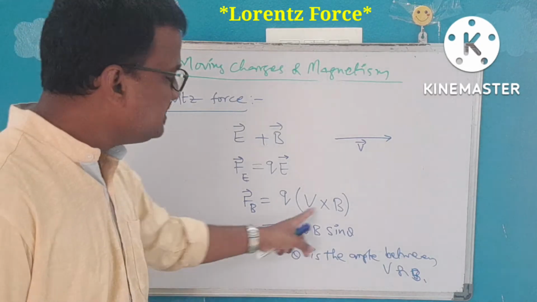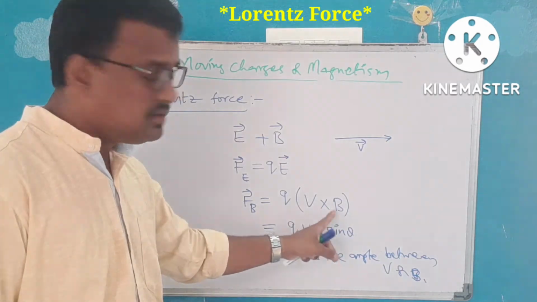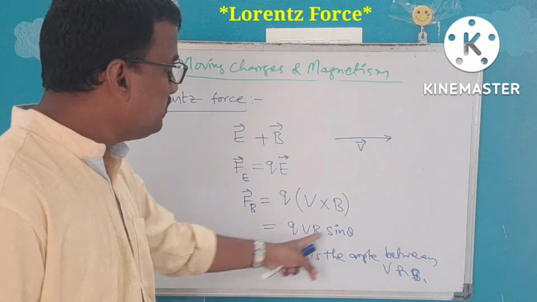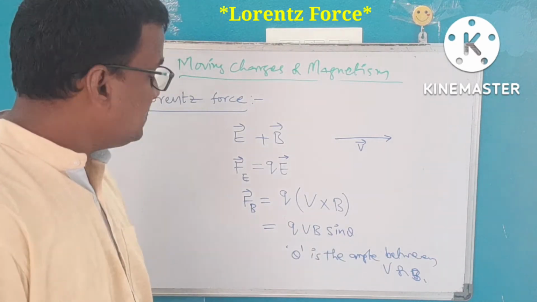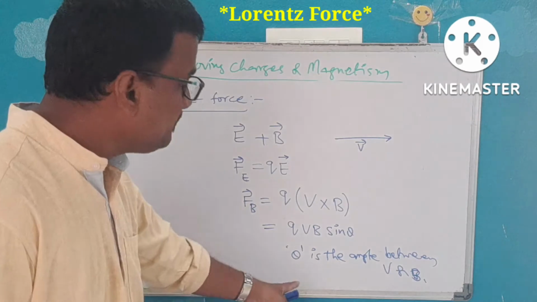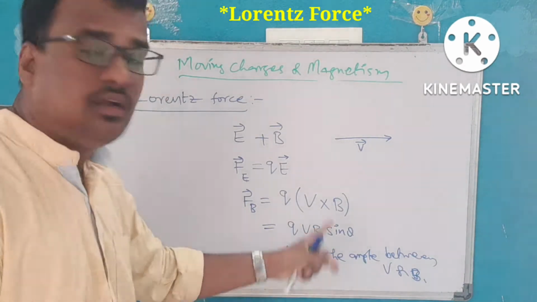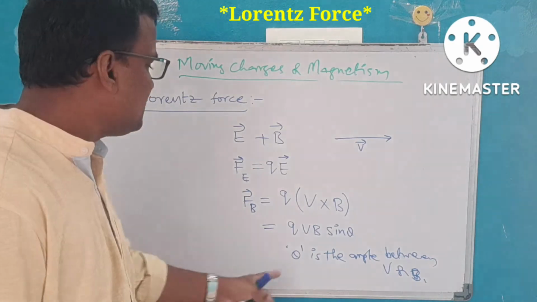Removing the cross product, we get Q V B sin theta, where theta is the angle between the velocity direction of the charged particle and the magnetic field direction.